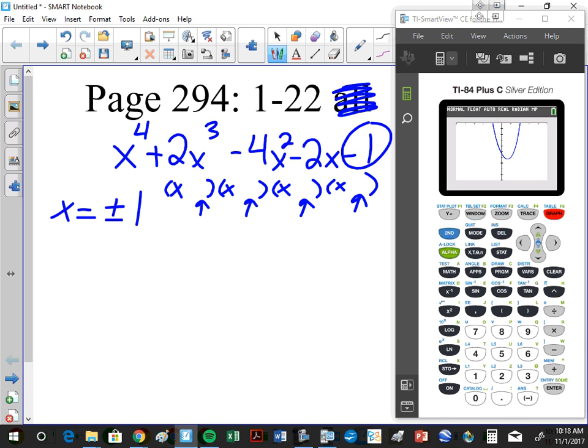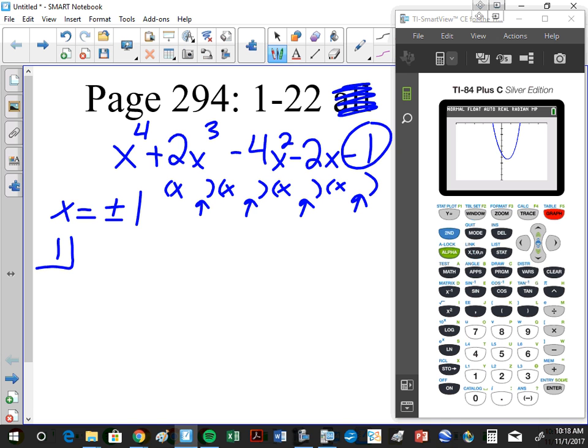Not more negative. There needs to be an odd number of negatives. So in this case, my constant is negative, which means it's either going to be 1 negative or 3 negatives. And we'll talk more about negatives later. We're not going to mess with that today. Okay, so we guess. Are we going to guess 1 or are we going to guess negative 1?